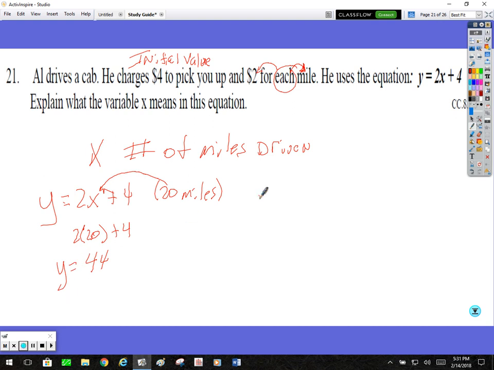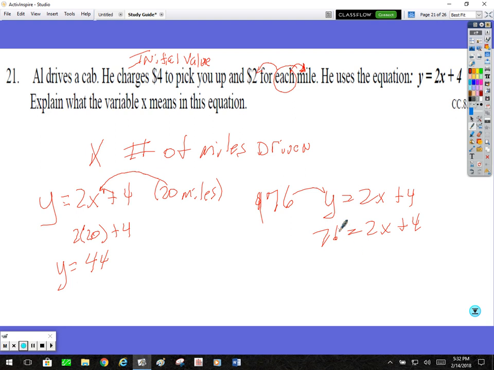Okay? All right, what if you get out and Al says, hey, you owe me $76. How many miles did you ride for $76? Well, you take that same equation, and this time, since it gave you the amount of money, that one's going to go here. So we're going to plug it in for the total cost for riding in the cab. So 76 is equal to 2x plus 4.